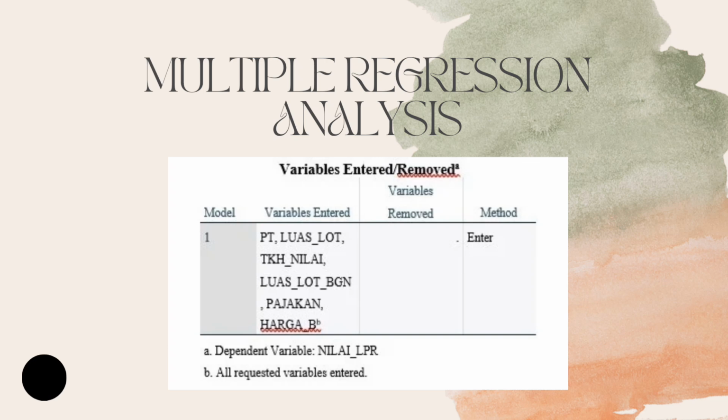The variables PT, luas lot, tarikh nilai, luas lot bangunan, pajakan and harga B were entered into the model. No variables were removed and the method used is enter, indicating that all specified variables were entered into the regression model in one step.